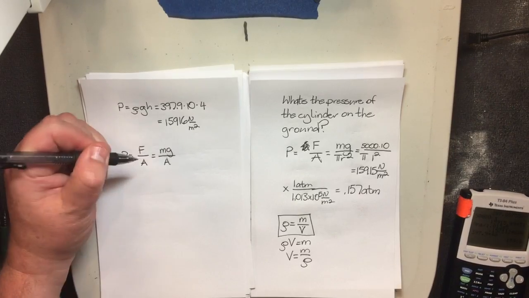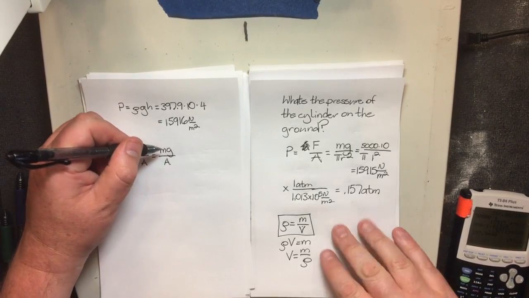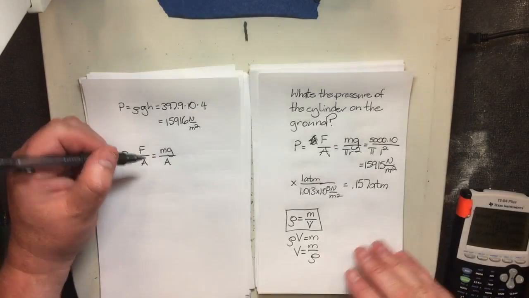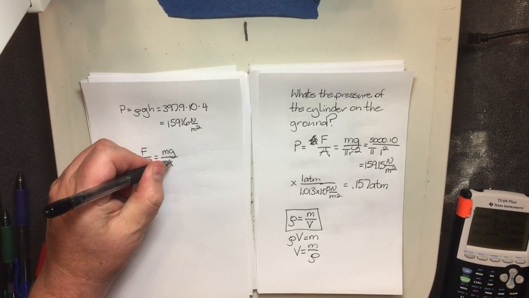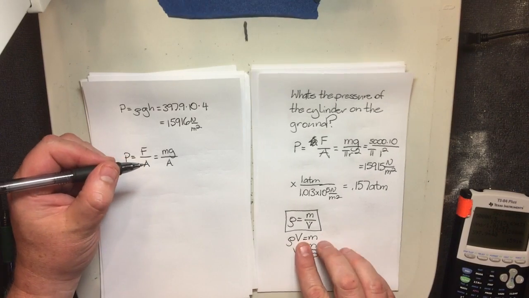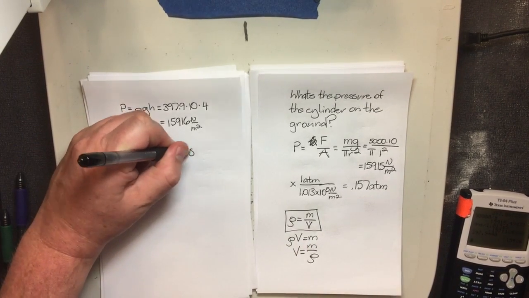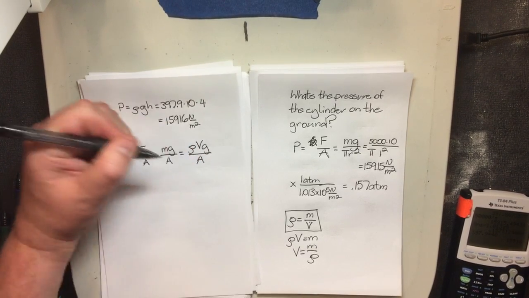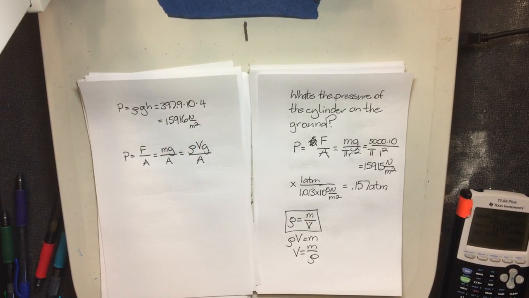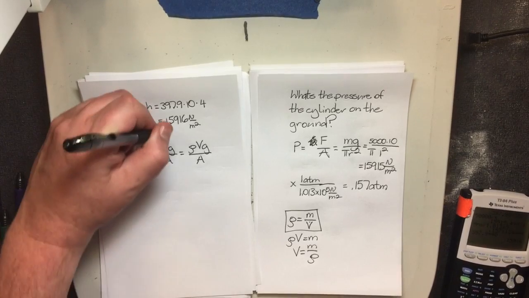I've got a mass, but I don't know, well, I do know what it is, but what I'm doing is I'm playing with it in general terms. Mass is rho times V. So this becomes rho V g over area. And what's the volume of any object?